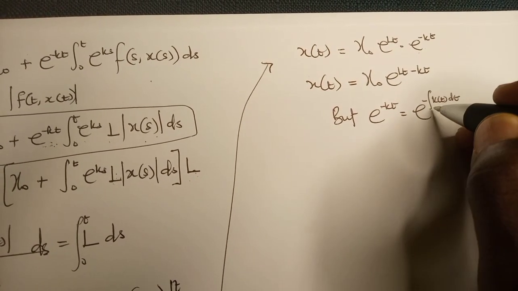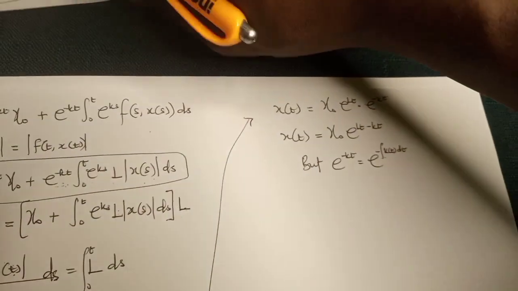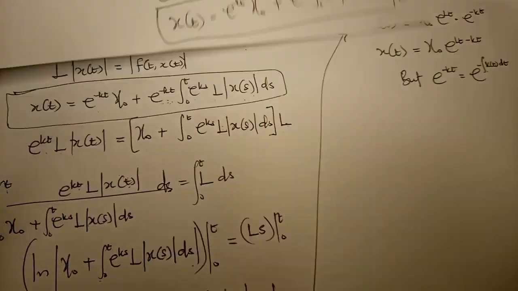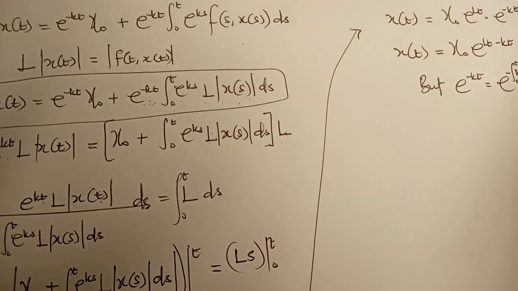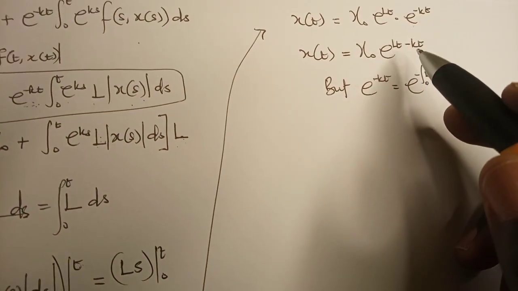Since we have to use the limit to make it the same as this here, we'll have 0 to t.